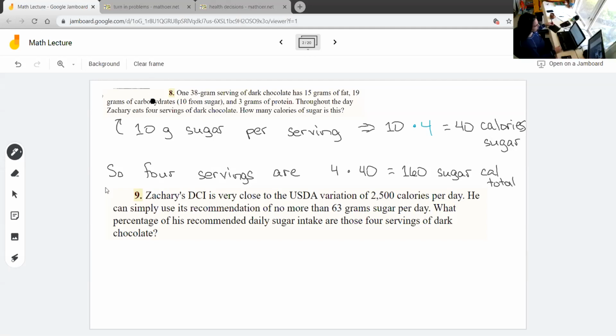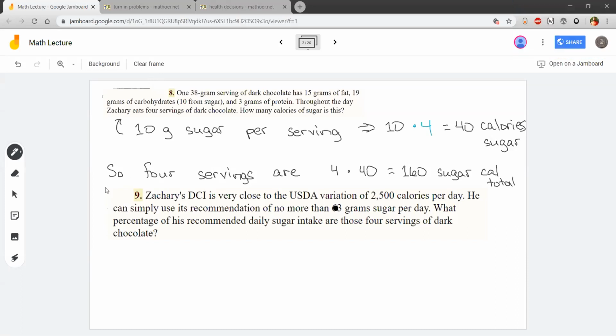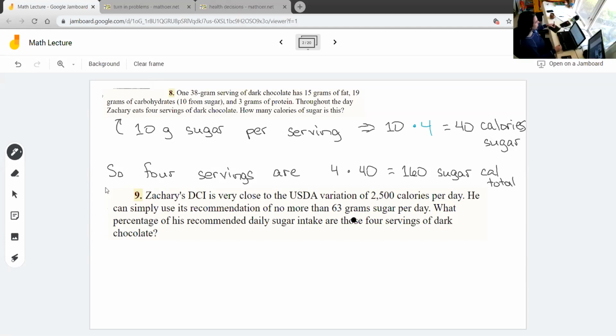Everyone okay with 8 so far? Yeah. Yes, thank you. For 9, oh no, I have confused myself, just like I did in office hours. We don't actually need the calories of sugar because he's talking about grams of sugar. So all we really needed was 4 times 10 grams, so 4 servings.